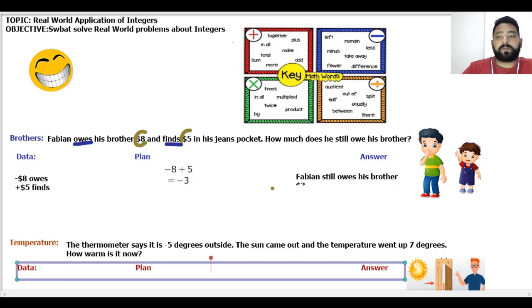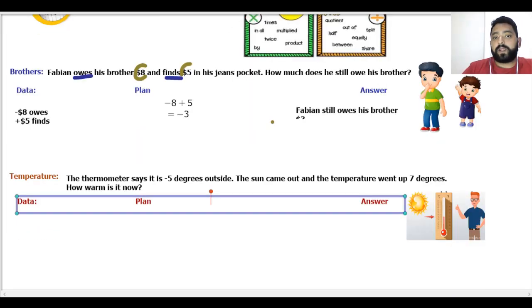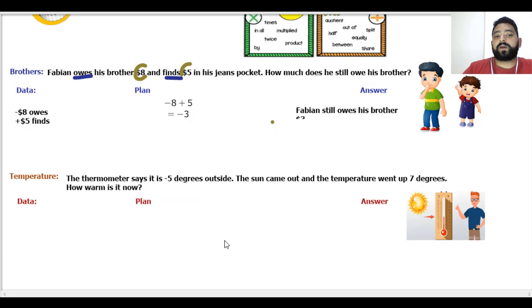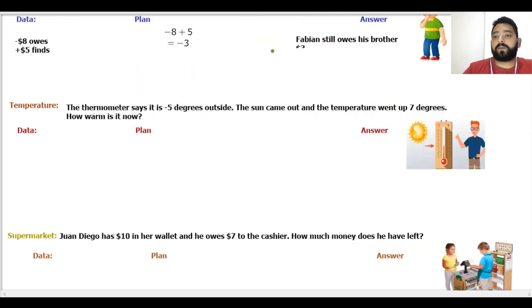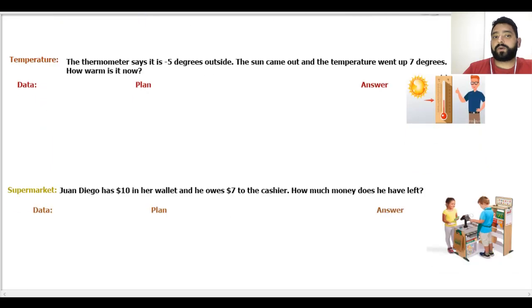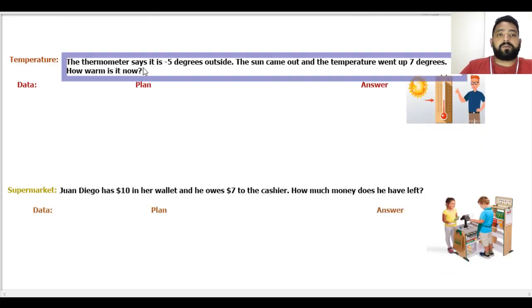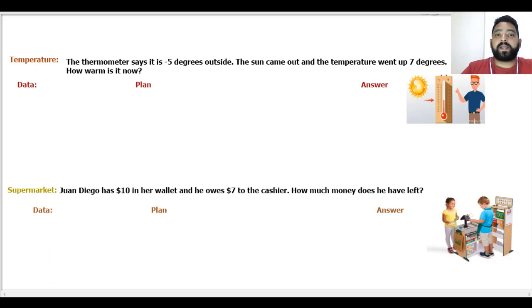That one is about temperature. In this one, you also have to identify the words that can help you identify what operation you are going to use. The thermometer says it's negative 5 degrees outside. First you have to identify this value.